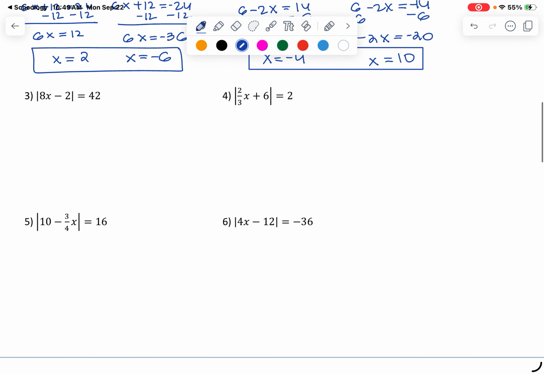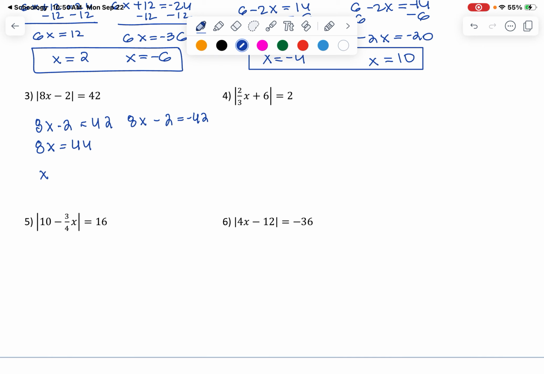Next one right here, whatever's inside there is equal to 42. So whatever's inside has to be equal to either 42 or -42, and that will still give me the absolute value as being 42. All right, add 2 to both sides. 8x equals 44.